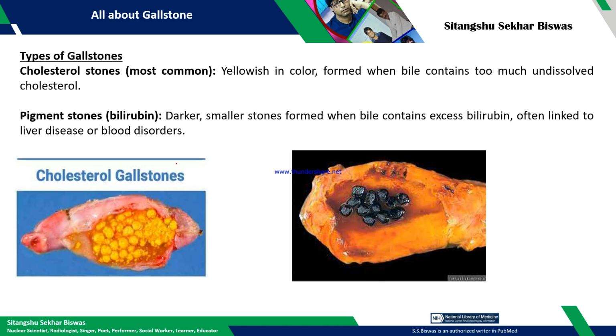Now, coming to the types of gallbladder stones, there are two types. One is cholesterol stones, another is pigment stones. The cholesterol stones are yellowish in color. When the cholesterol in your bile is increased, it eventually crystallizes and forms this color of stones. This is the common case.